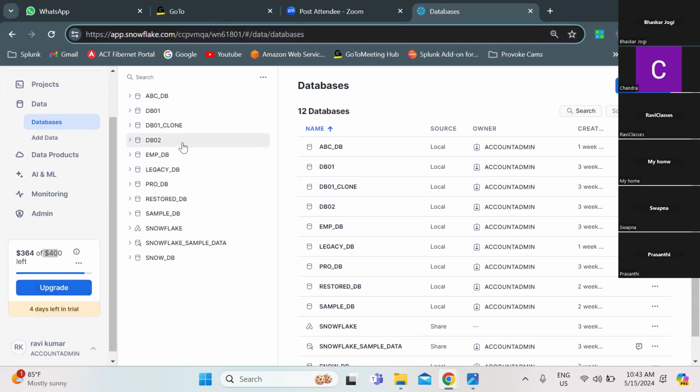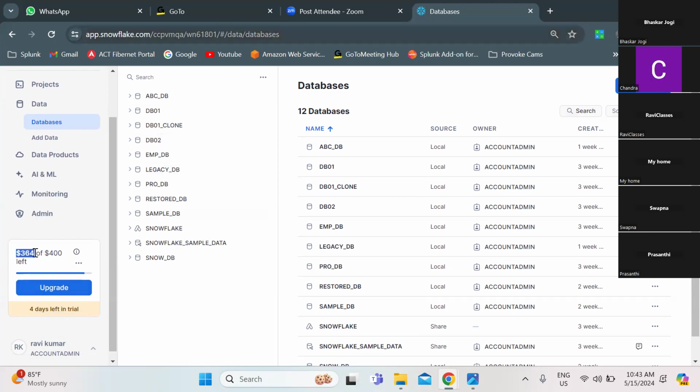If I use the same mail again, whatever dollars are left over will move forward to the new account. Sir, you got my point? Yeah, got it, thank you. Same mail also you can utilize, but only the leftover credits move to the new account. But if you use a new mail ID, normally you will get $400.